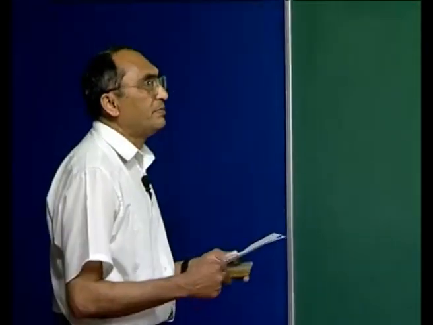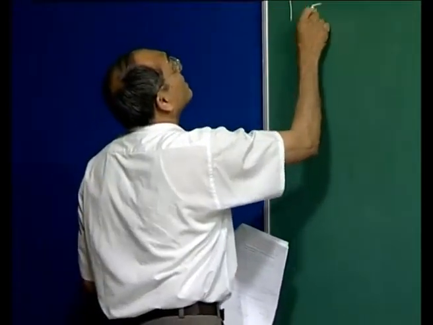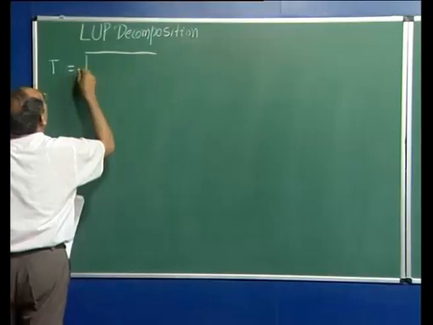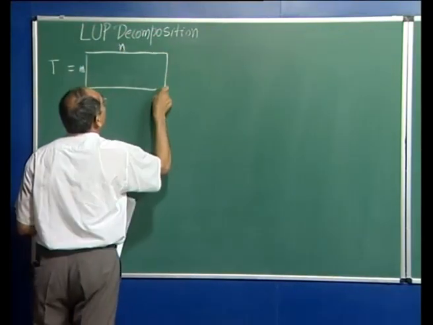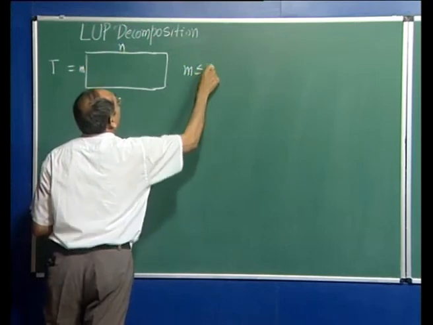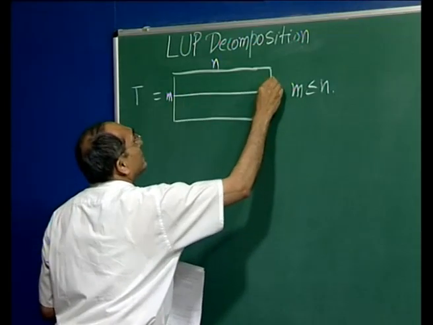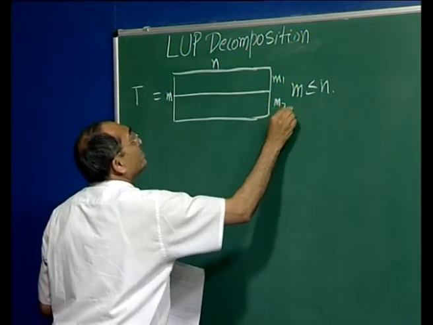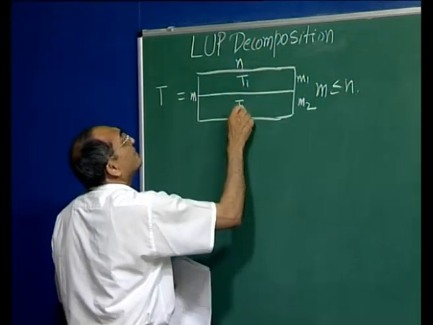Now that we are done with the base case, let us take an arbitrary matrix of size m cross n. Once again, remember that m is less than or equal to n. And we split this matrix anywhere. So, this is some m1 and this is m2. Let us call this submatrix T1, this as T2.